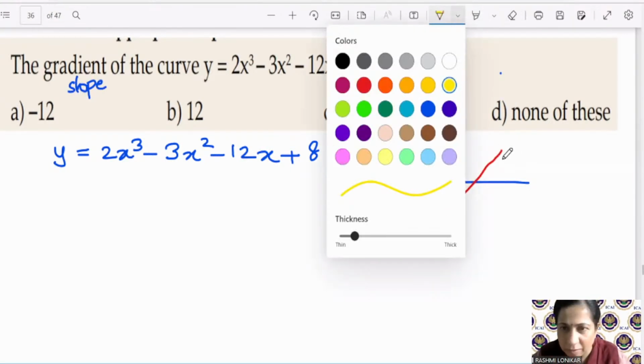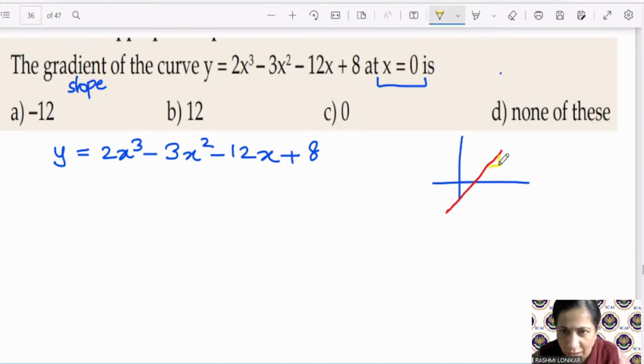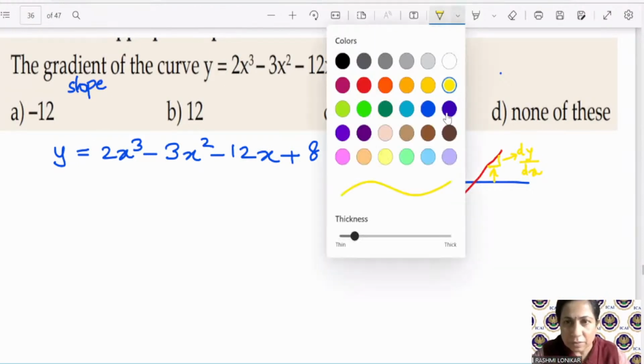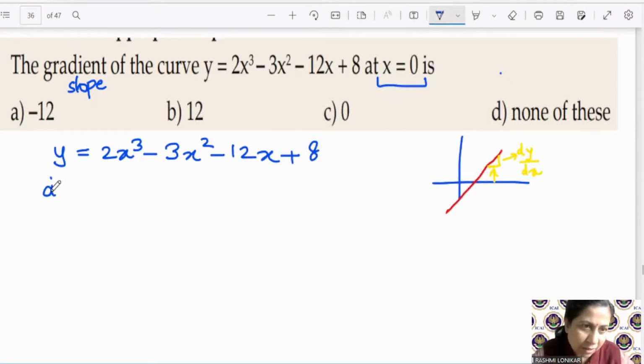Slope will be small change of y upon small change of x. This is dy, the small change in y, upon dx, the small change in x. Using this I can find the slope of the curve. So I find dy by dx.